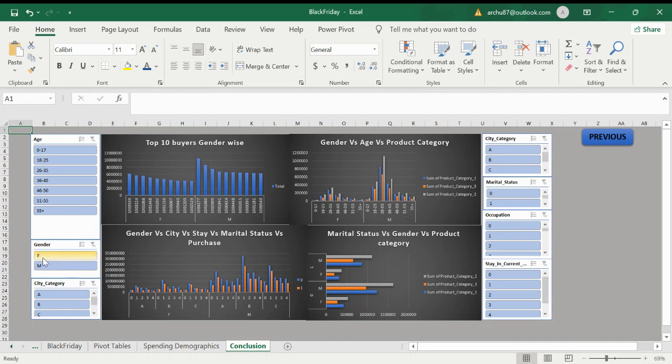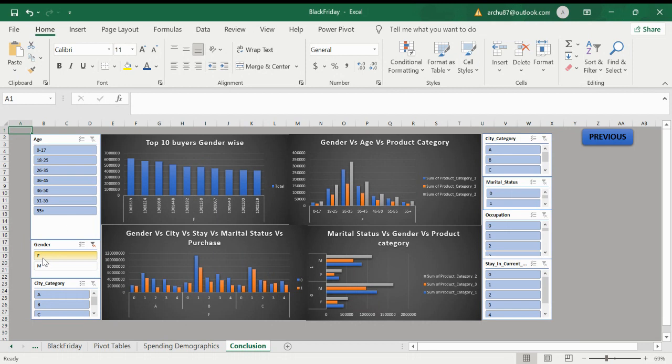If we go with only female, this particular user ID has bought more number of products. The purchase amount is more. And here in female, we can see that 26 to 35 generally have purchased the product 2 category more.